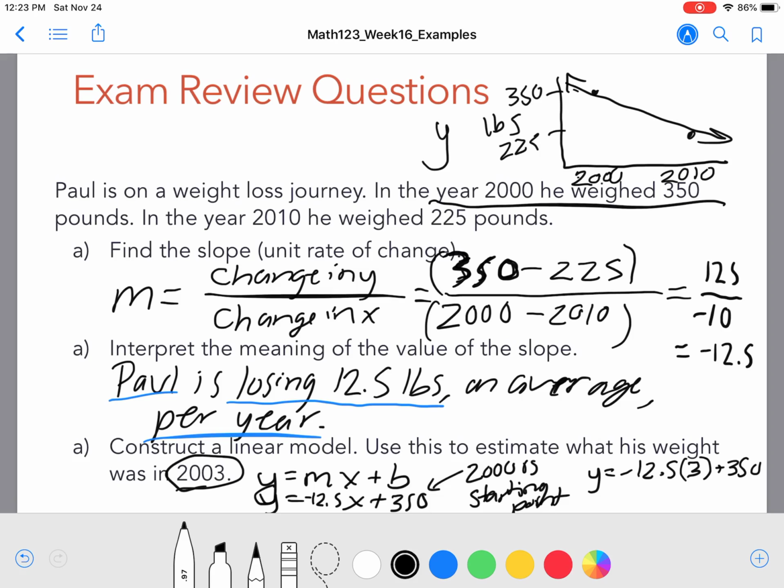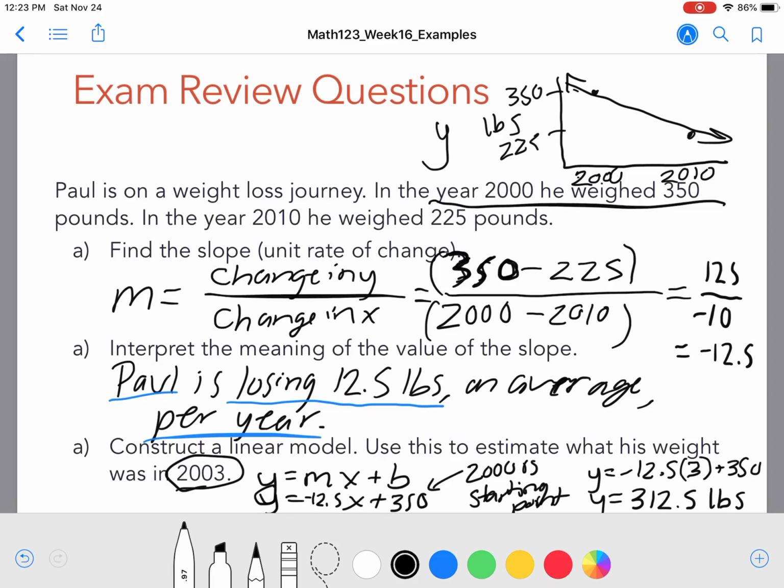So I just plug in a 3 for x. So then all I need to do is negative 12.5 times 3 plus 350, and I get 312.5 pounds. All right, so something like that.